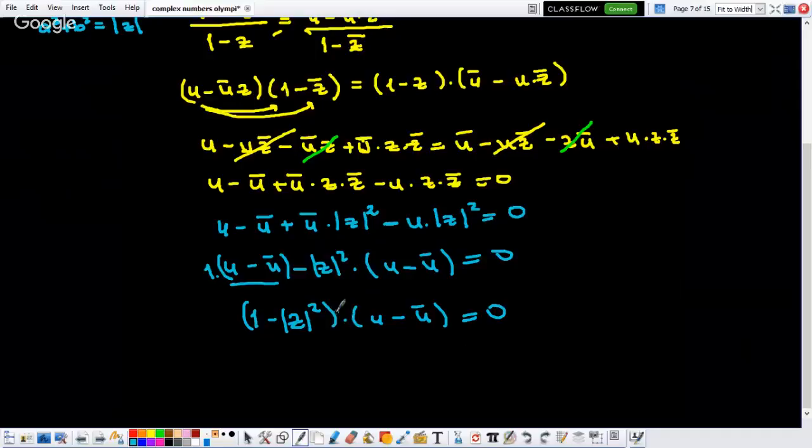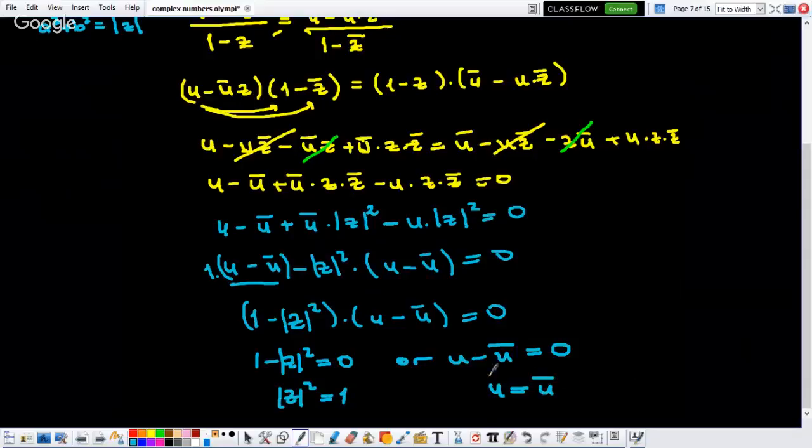So 1 minus modulus z square is equal to 0, or u minus u conjugate is equal to 0. When you move this to the other side, modulus z square is equal to 1, or u is equal to u conjugate.